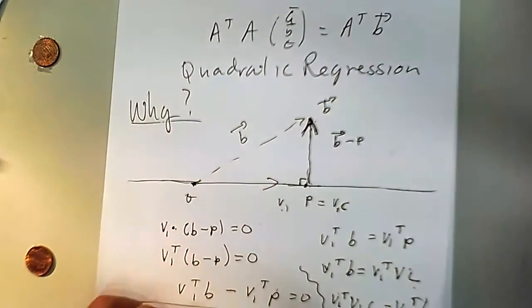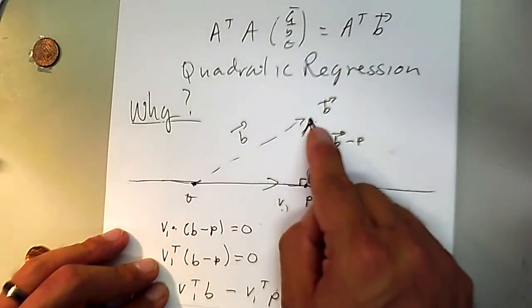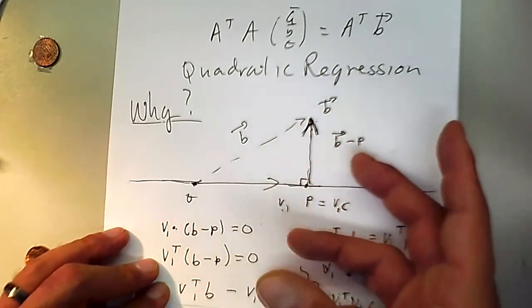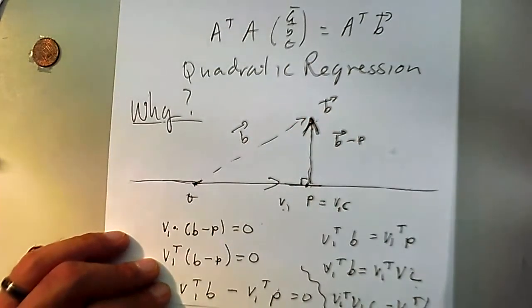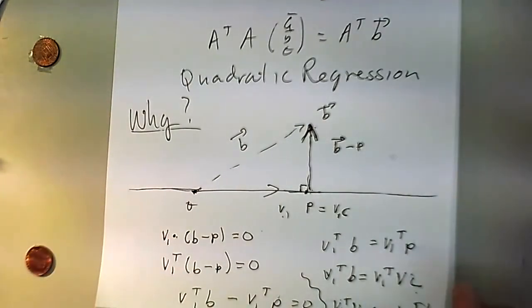So everything cascades, or dominoes, from the dot product equaling 0. This vector times this vector, dot product equaling 0. That's where everything comes from. So I just wanted to show you where this came from.